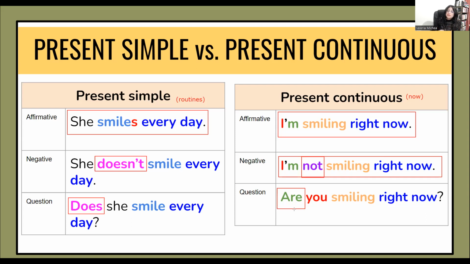Okay, so it is important that when you know your verb tenses, you need to keep them differentiated, specifically on the following things. What do we use them for? Like the use, and then the rules that we have for building affirmative, negative, and interrogative sentences.